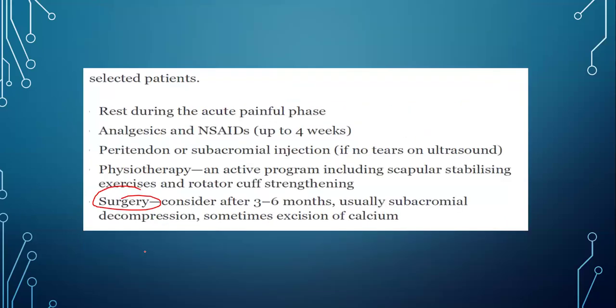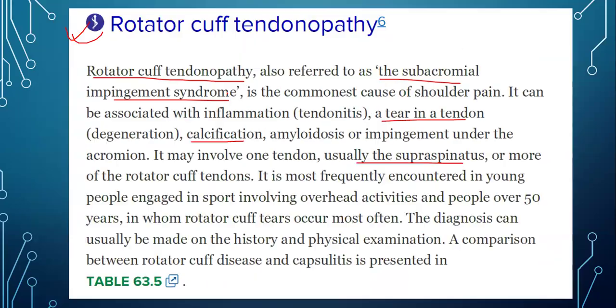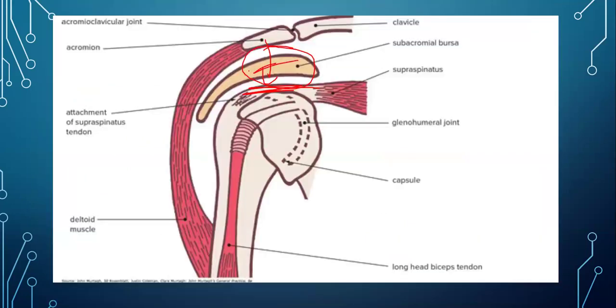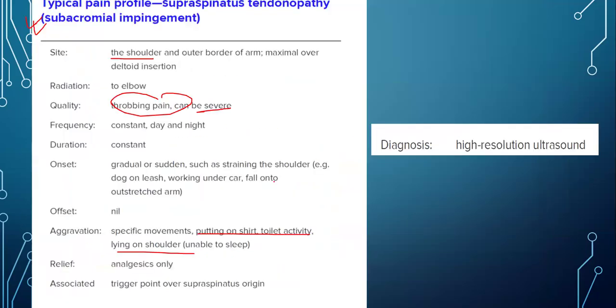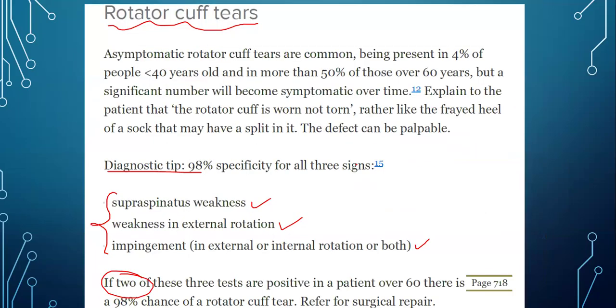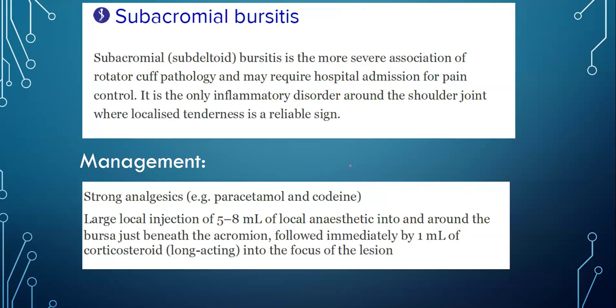Sometimes the subacromial bursa, so if you see over here, this is the subacromial bursa. Sometimes that bursa can get inflamed and can give a similar kind of shoulder pain. When you do the ultrasound, you will be able to say if it is bursitis. For bursitis, there will be a localized tenderness.